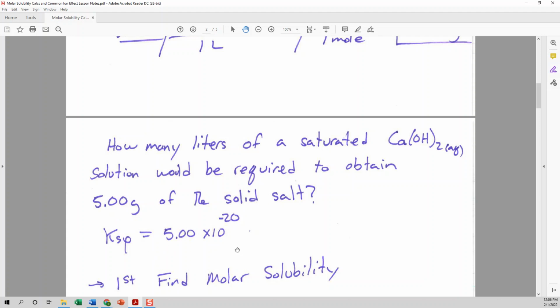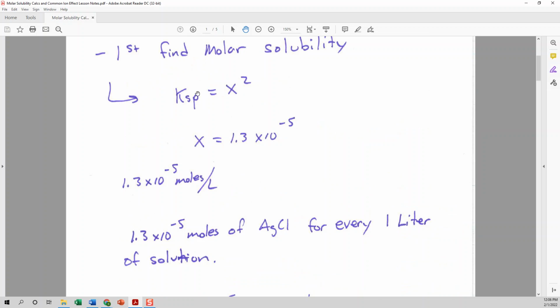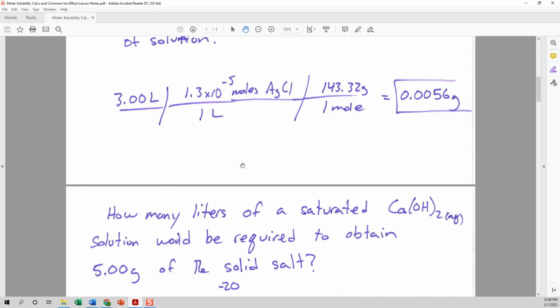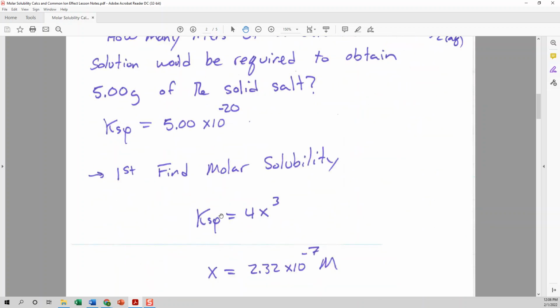Again, given KSP, we can find the molar solubility, but we have to notice the ratio. This is a 1-to-2 ratio, so we can't use the shortcut, KSP equals x squared. We have to use the one for the 1-to-2 ratio: KSP equals 4x cubed. We plug the solubility product we were given into the KSP and solve for x.